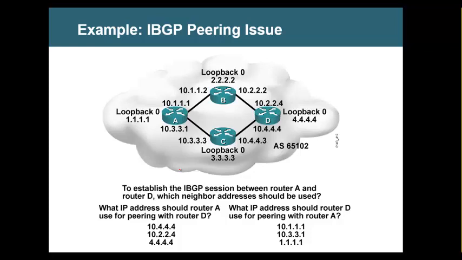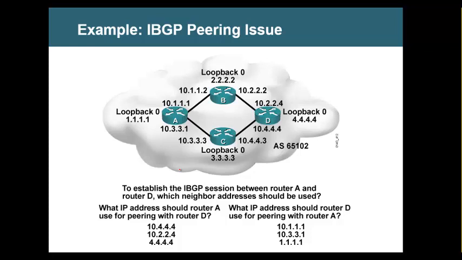Why? Because whenever we have a redundant path, we make use of loopback interface address to peer. So we have to source it from our loopback so that the source address of my packet will match with the remote router's neighbor statement.